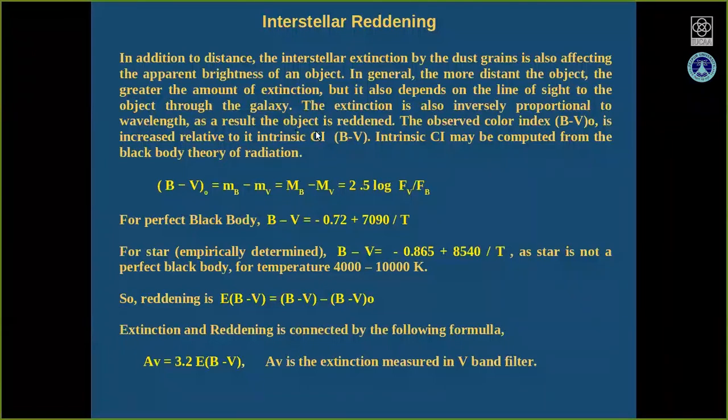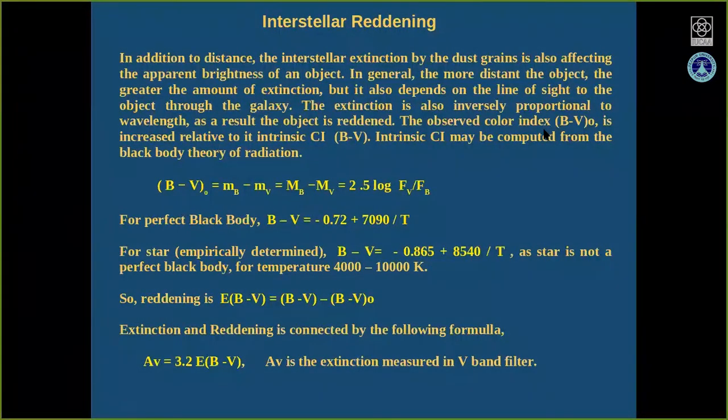As a result, the object is reddened, right? That means if you are moving towards the blue end, then your extinction will be high. If you are moving towards the red end, then your extinction will be less. So now the observed color index. Observed color index means what?